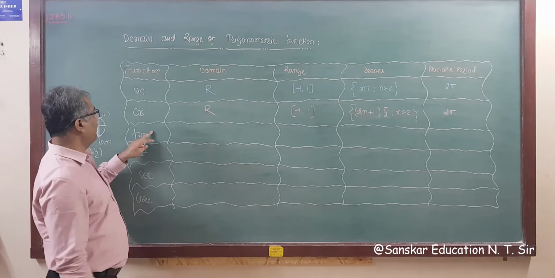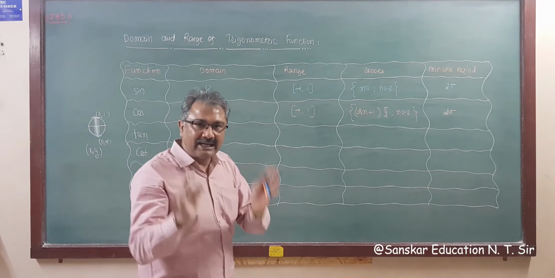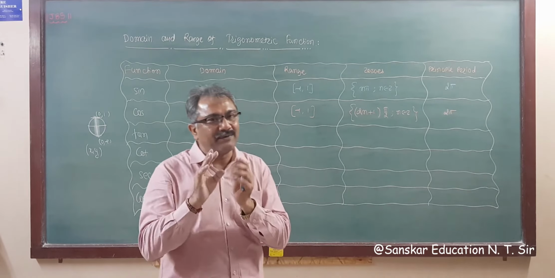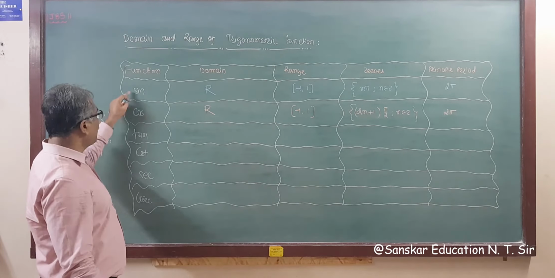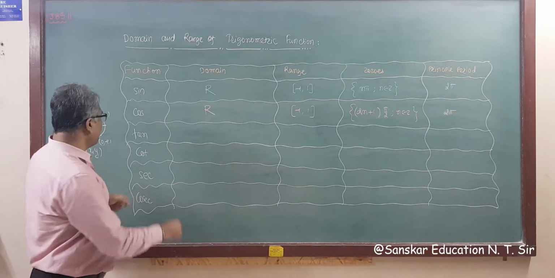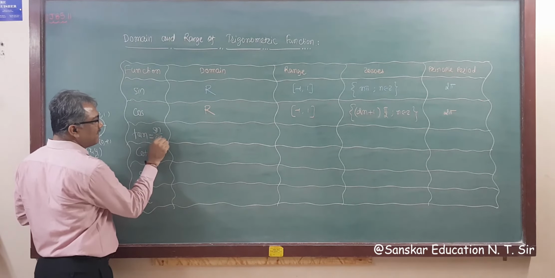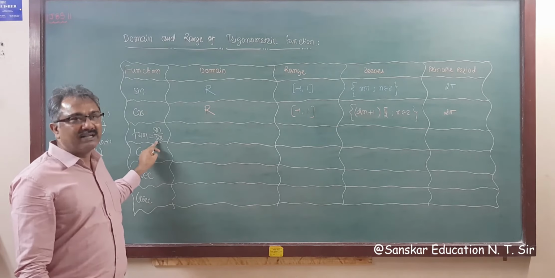Now tan. Tan is defined, domain. Domain means the values of angle, that is here x, so the values of x for which the function is defined. Now sine and cos are defined for all values, but tan means sine function upon cos function. So this is a rational function, and if cos is 0, then this is not defined.